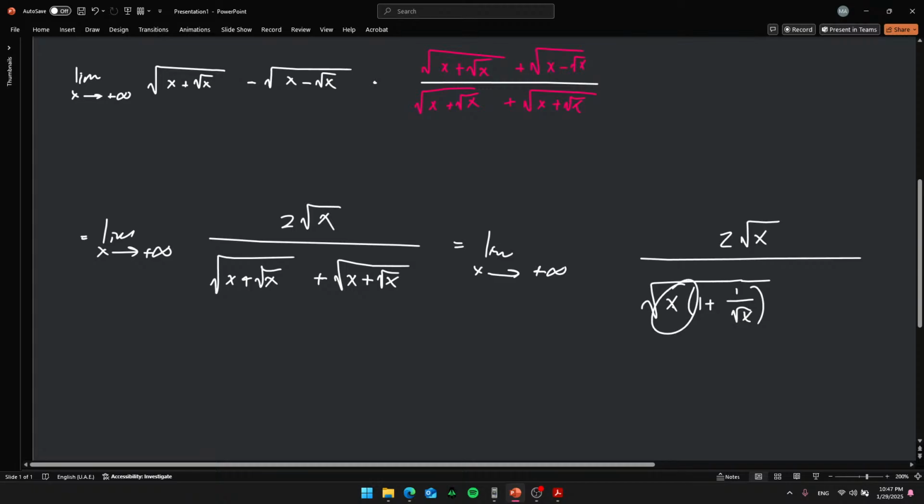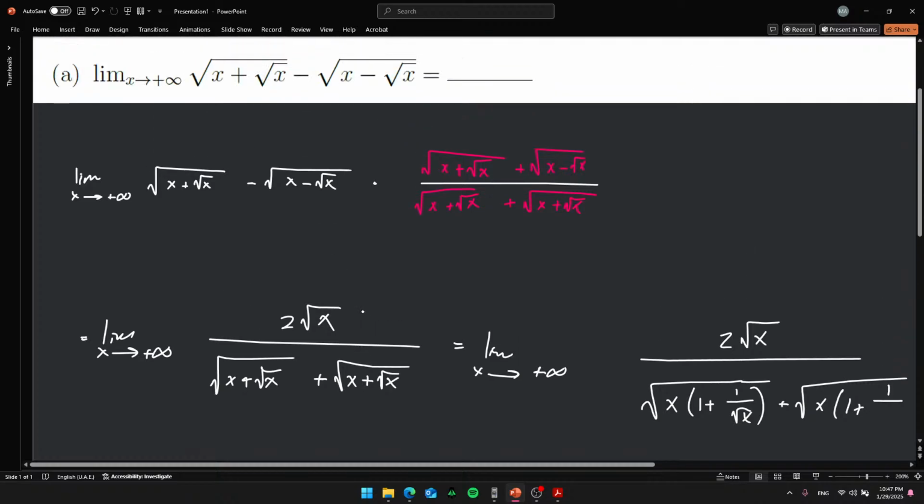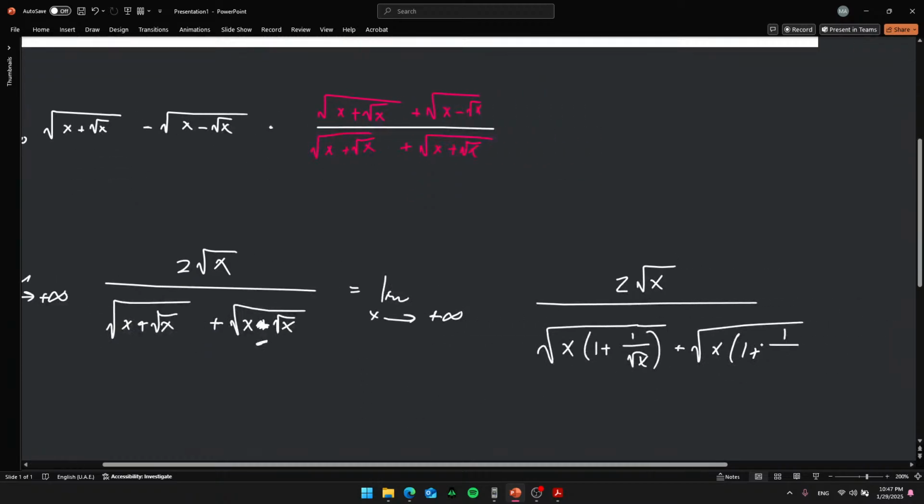So basically he took x as a common factor, and he's left with 1 plus 1 over root x plus, no, he did the same thing, 1 plus 1 over root x. There's something wrong with this. Yeah, one of them should be minus.